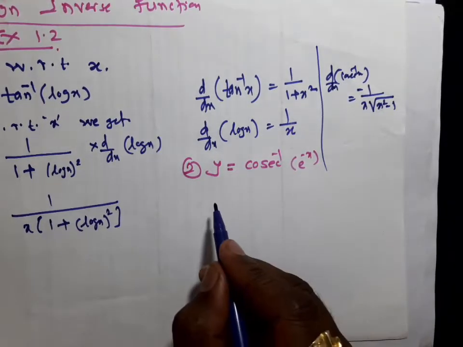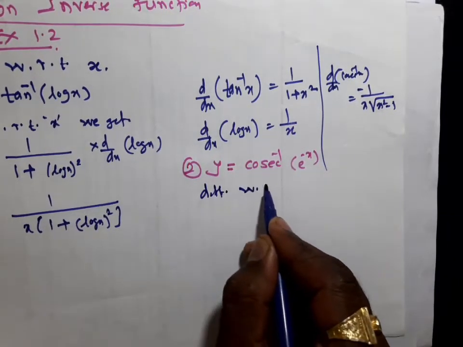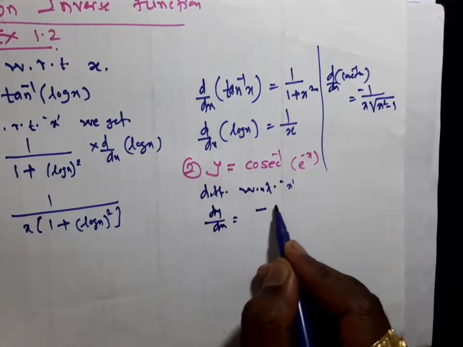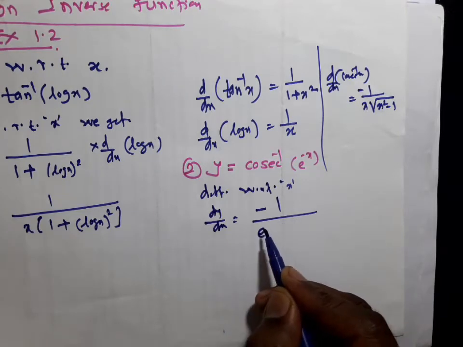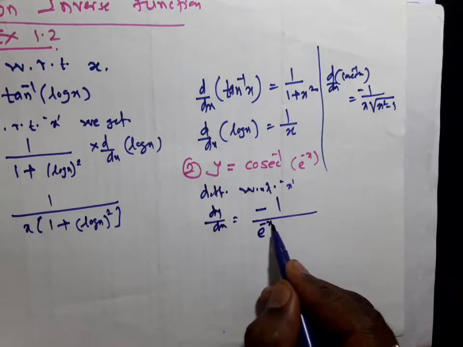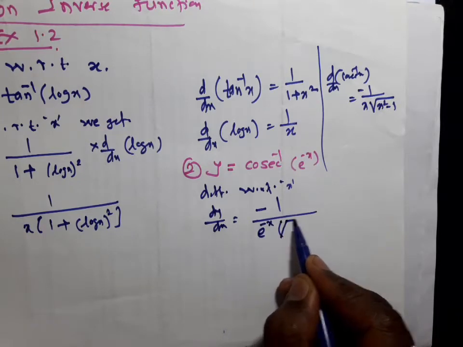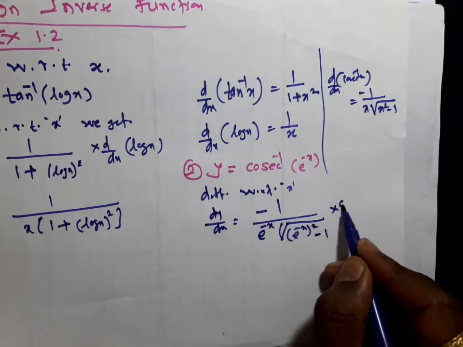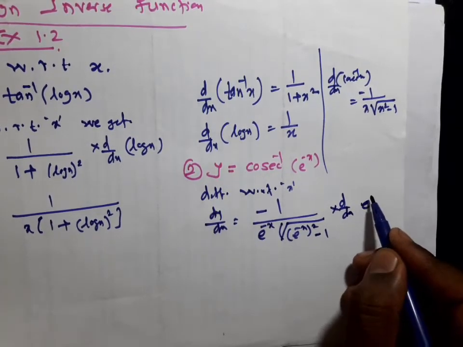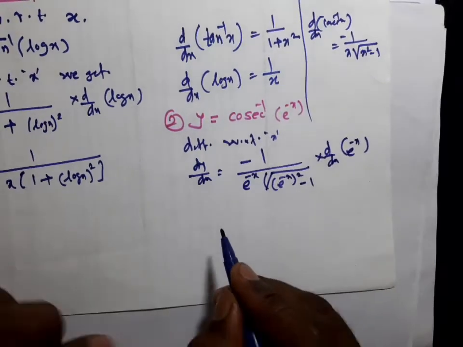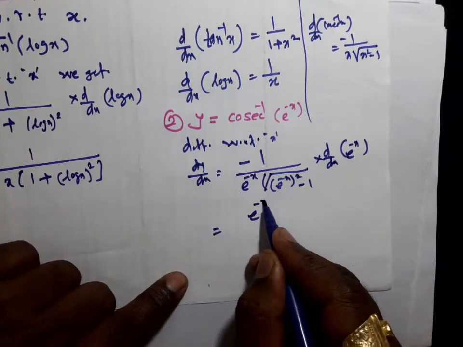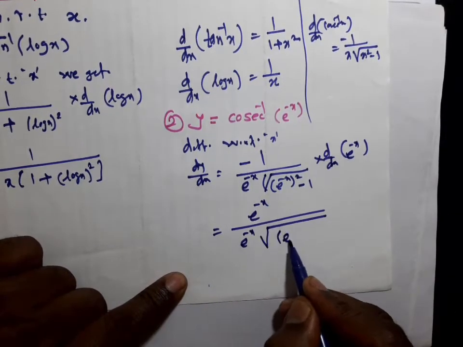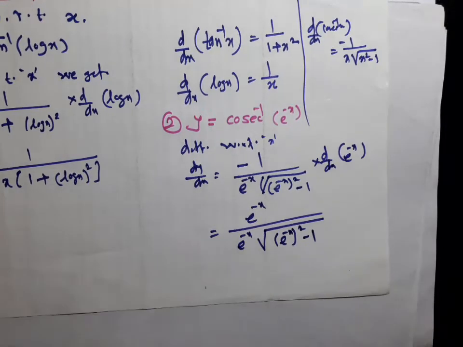So differentiating with respect to x, dy by dx is minus 1 upon e raised to minus x into under root (e raised to minus x) square minus 1, into d/dx of e raised to minus x. That is, the derivative of e raised to minus x is minus e raised to minus x. So the answer is minus e raised to minus x upon e raised to minus x under root (e raised to minus x) square minus 1.